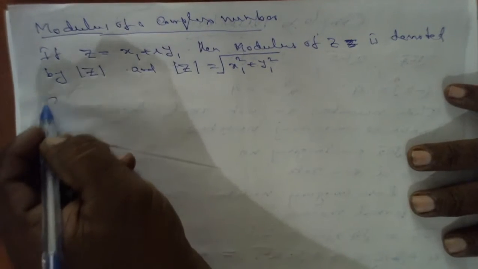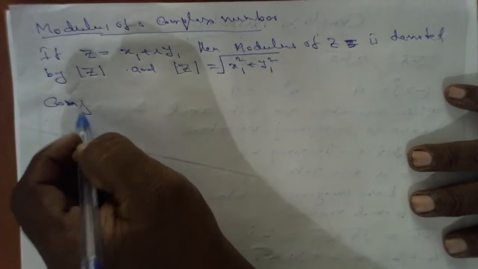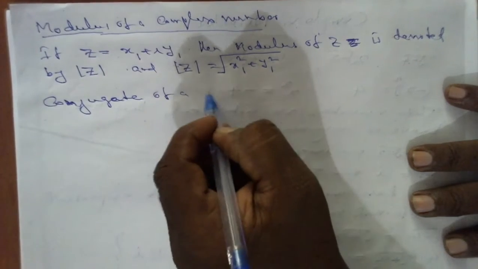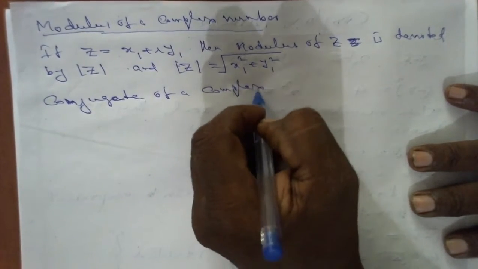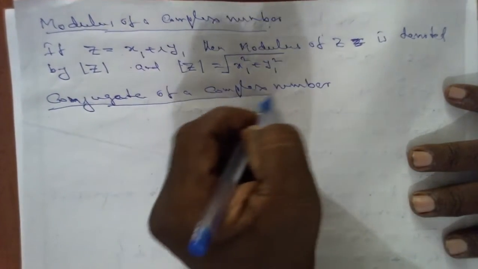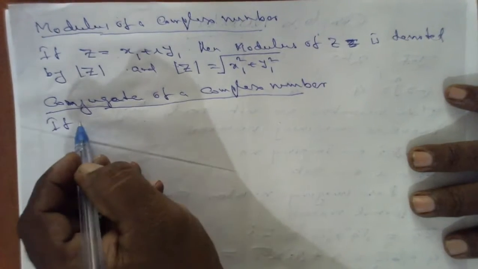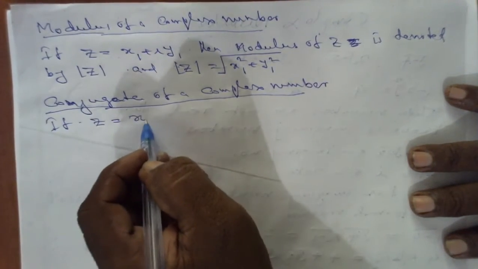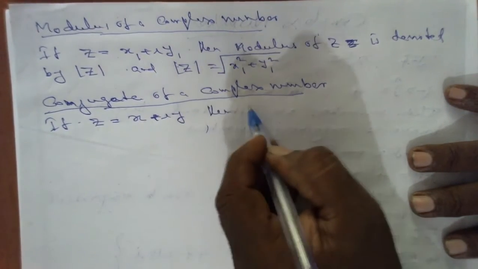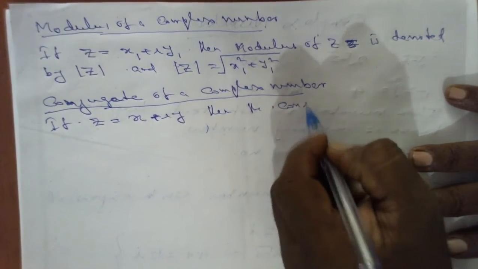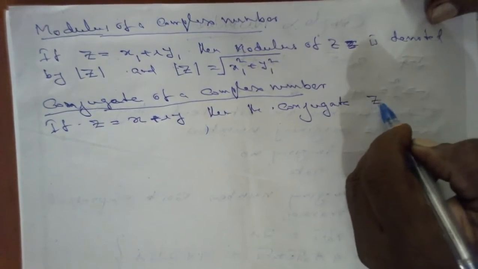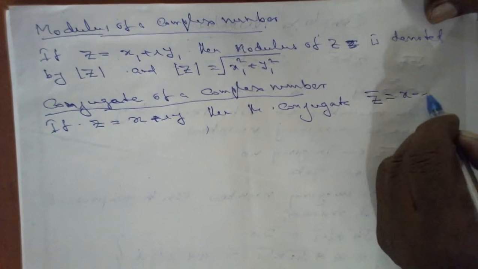Now the conjugate of a complex number: if c equals x plus iy, then the conjugate c bar equals x minus iy.